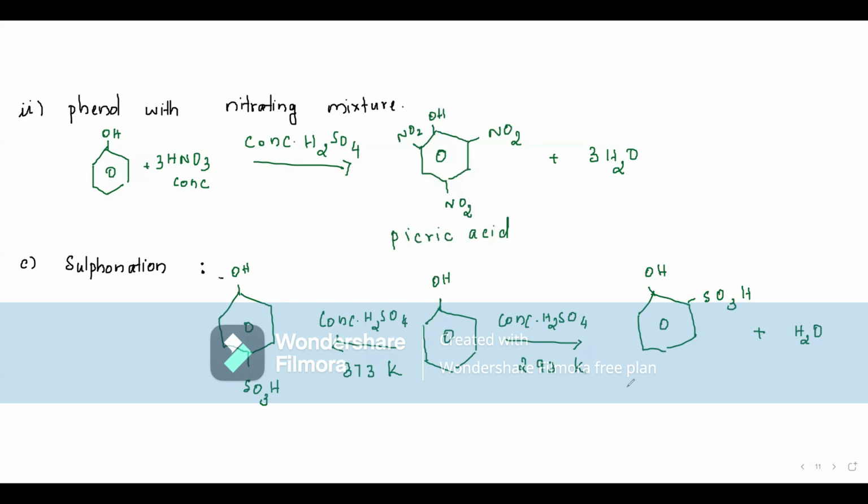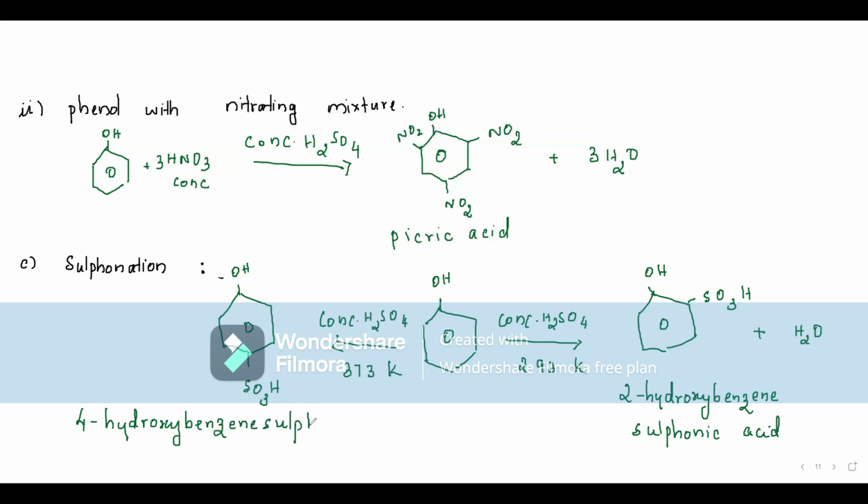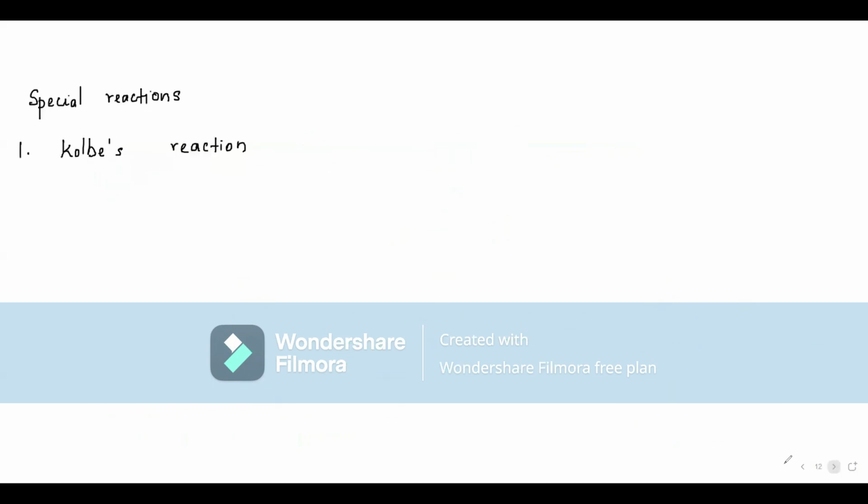Name of the product here, this is orthohydroxy or 2-hydroxy benzene sulfonic acid, and the other one is 4-hydroxy or para-hydroxy benzene sulfonic acid. 2-hydroxy benzene sulfonic acid and 4-hydroxy benzene sulfonic acid, or ortho and para-hydroxy respectively.